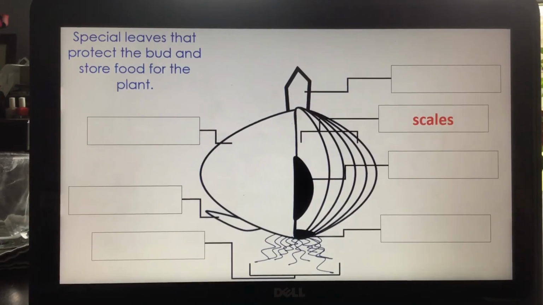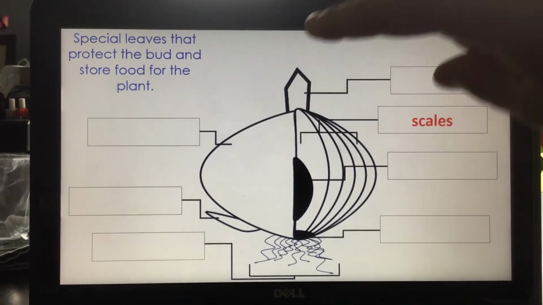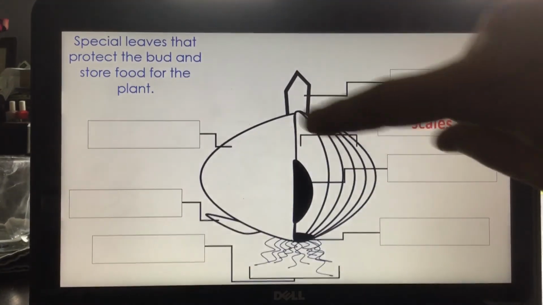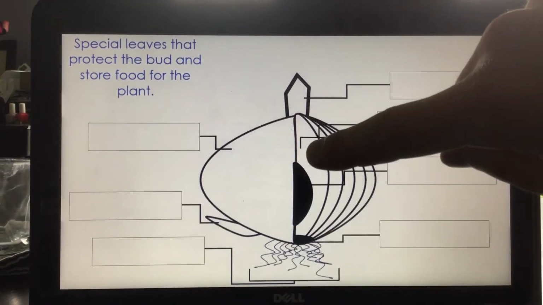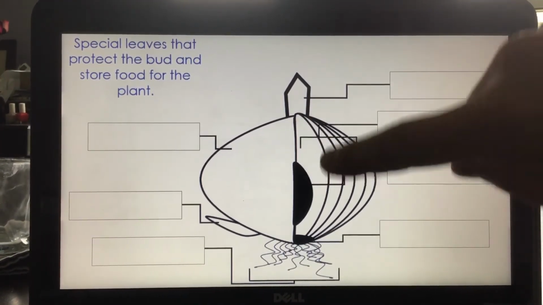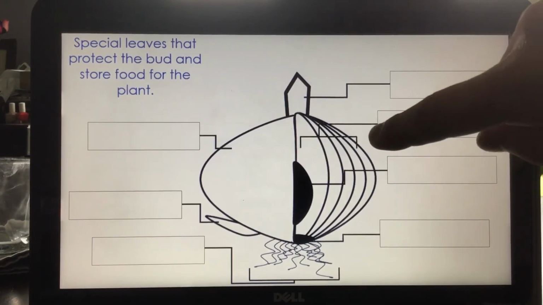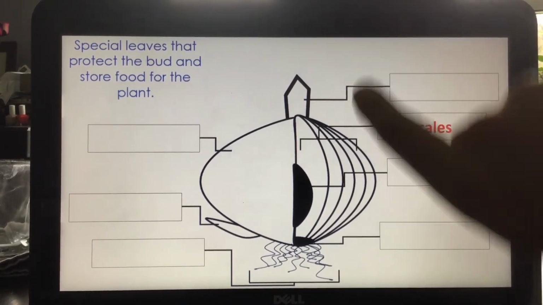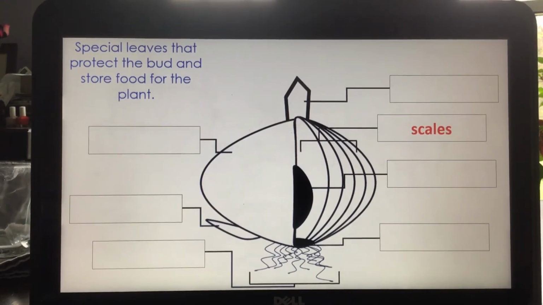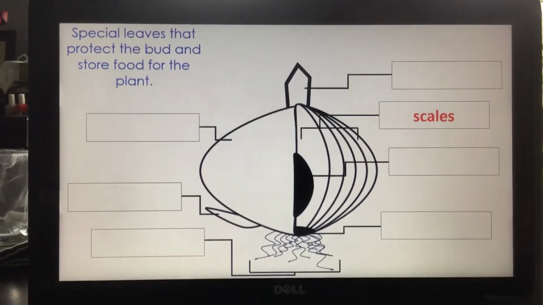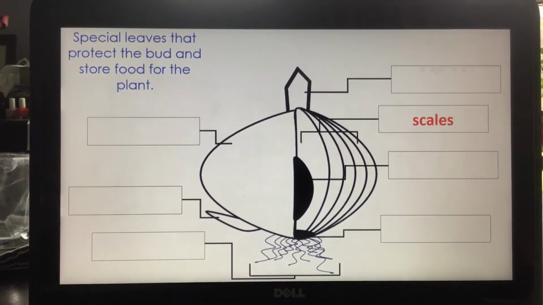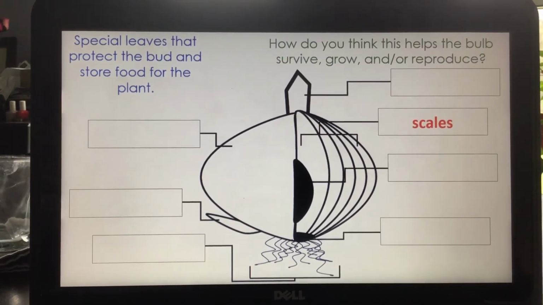So it's going to need to push. And this, mind you, is buried under the ground usually. All right, so it really needs to have all of these scales providing that stored up energy to help it to grow at first. And it helps it survive because it gives it a layer of cushion and protection around it.